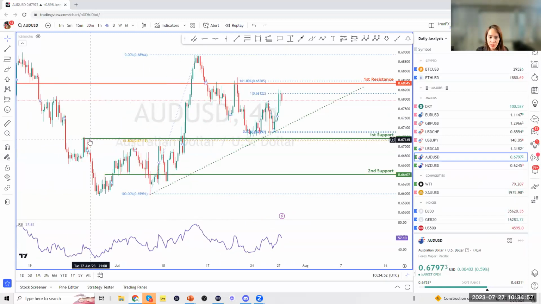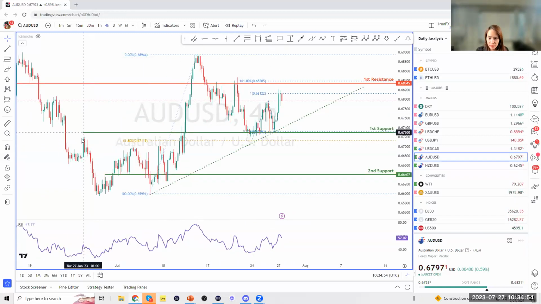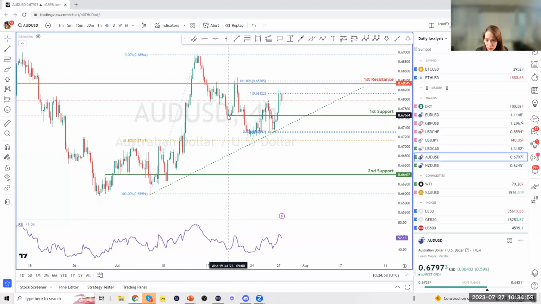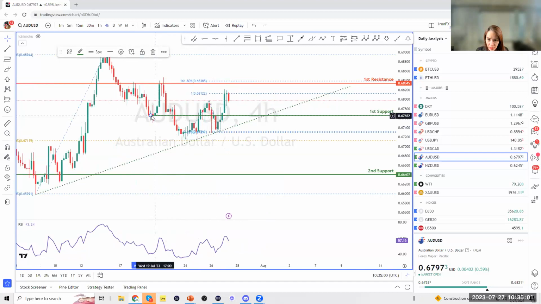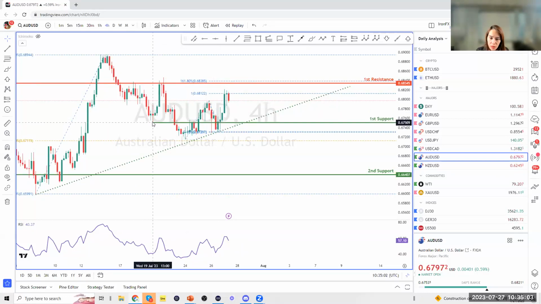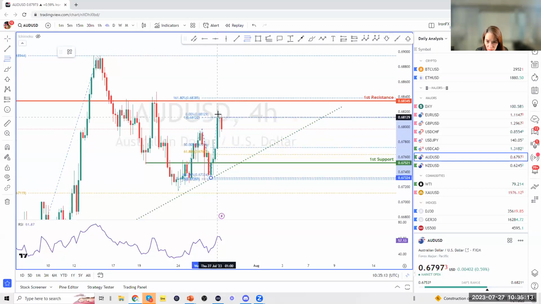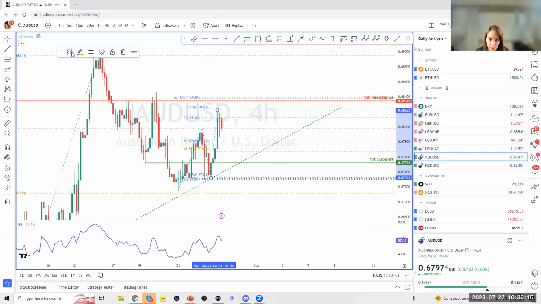I think my support, to be honest, I don't really like this level, but if you were to use Fibo, from this swing low to swing high, this could be 78.6%, which is here.